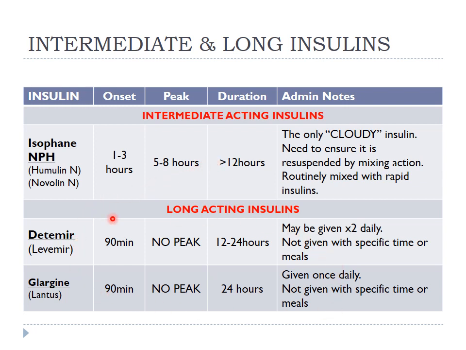As well, with long-acting insulins, we say this one doesn't even have any peak. It just sort of gradually goes up and keeps a steady flat line for a long period of time and then drops off. We say that this one has no peak. It just onsets and it's up to where it should be, and then it never goes into a big spike. It just continues on.